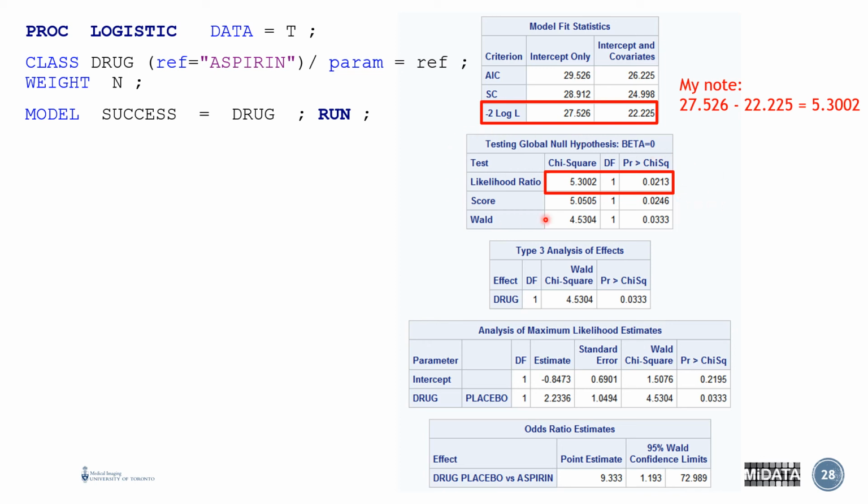Now, you'll see in the testing of the global null hypothesis that there are 3 chi-squares given here, and I wouldn't worry about those. We've shown you how to calculate the likelihood ratio. We've shown you how to calculate the score test. And the Wald test, as I explained briefly just before, is another chi-square that SAS prefers to use just because it's more robust, but it's complicated to calculate, so we're not going to go through how you calculate it.